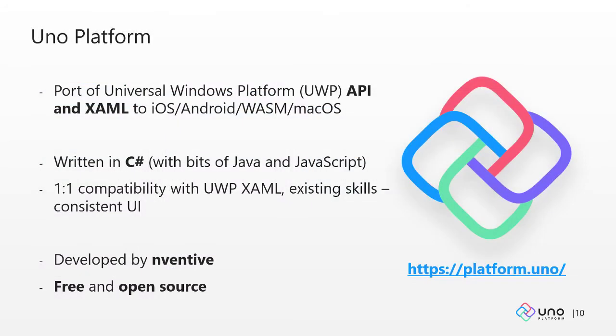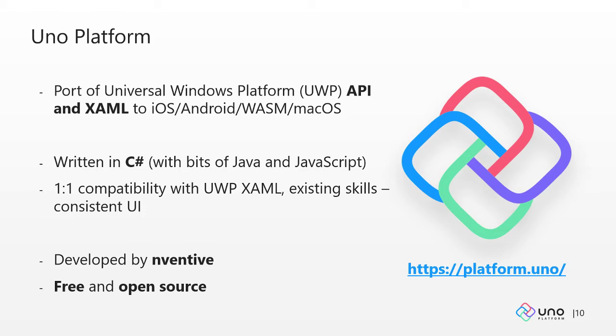A better solution comes from the Uno Platform. Uno Platform is a cross-platform application development framework, which is a port of Universal Windows Platform APIs and XAML to iOS, Android, WebAssembly, and macOS.